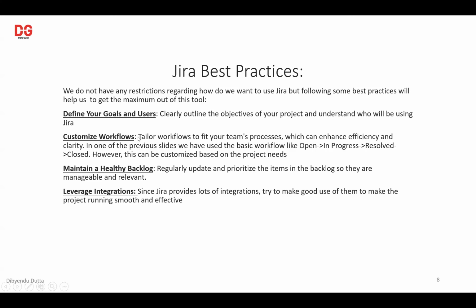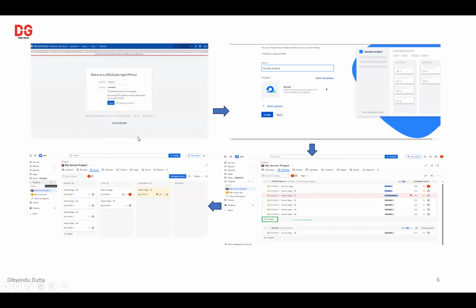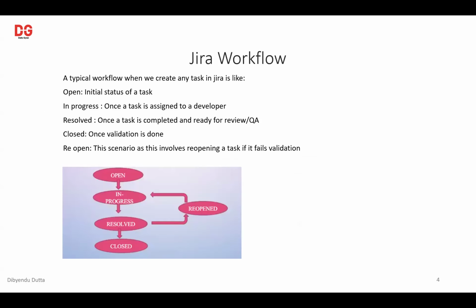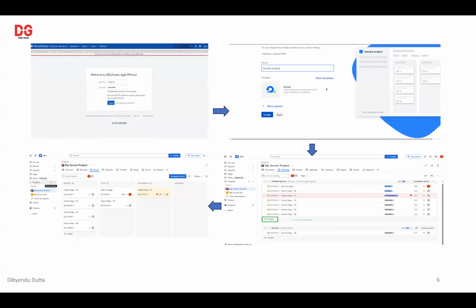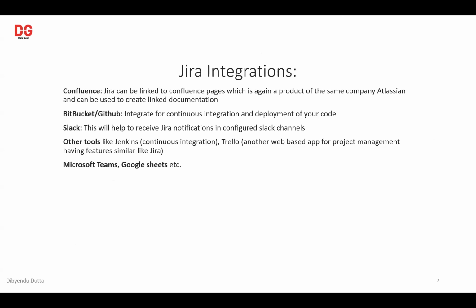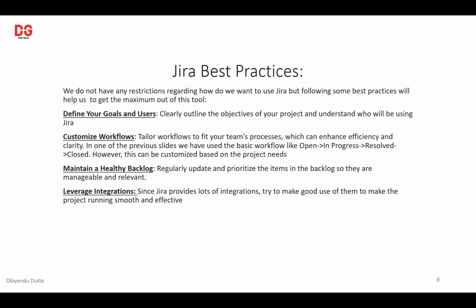Second is customize your workflow. What I'm saying here is this is a very basic workflow. You can always customize it. These are the workflows, so if you see refined, to do, in progress. Once you actually log into the tool, you'll see there are many ways you can do that. It is not that tough. Thus, customization is one thing you can do as well.